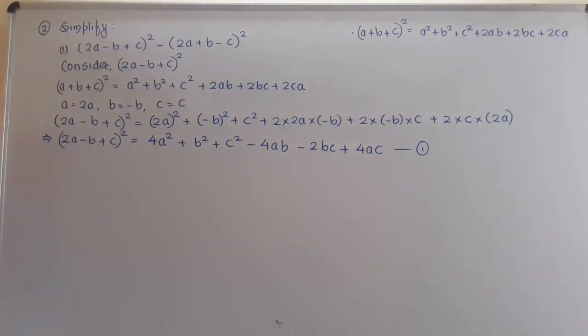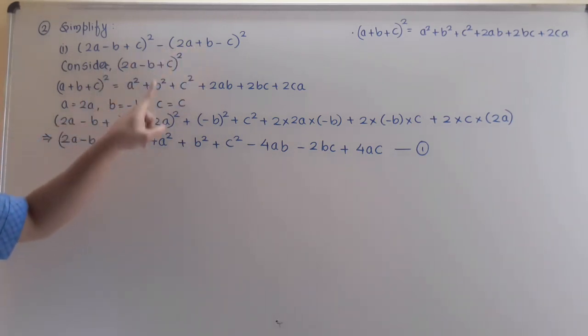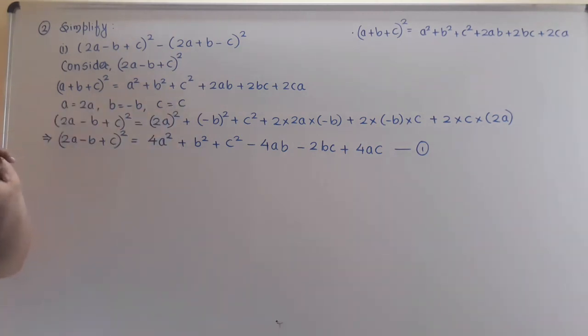Now, if you see carefully, the second bracket has the same kind of terms, only the signs are different. If I take the value of a as 2a as I have taken here, the value of b will be plus b and the value of c will be minus c. So the changes are occurring: b is becoming positive and c is becoming negative.